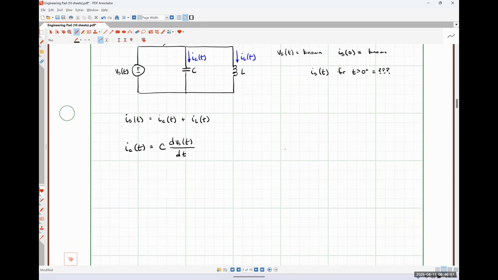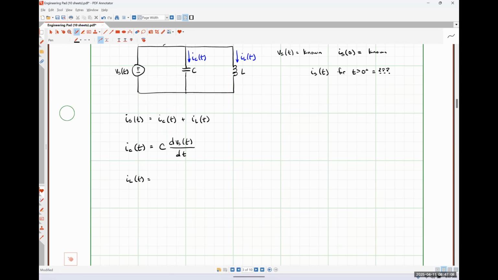IL is going to be a little bit harder to sort out. We know the voltage drop across our inductor, and we're trying to find our inductor current. So that is equation 2 from Wednesday, the integral-based relationship.